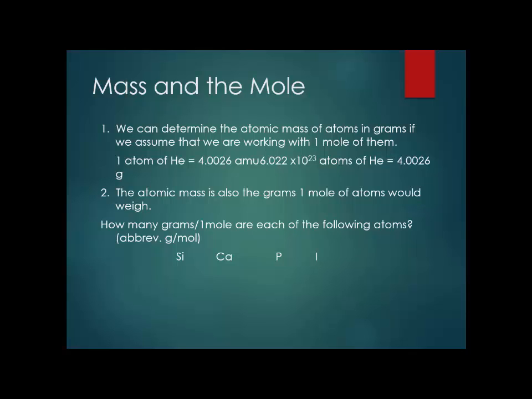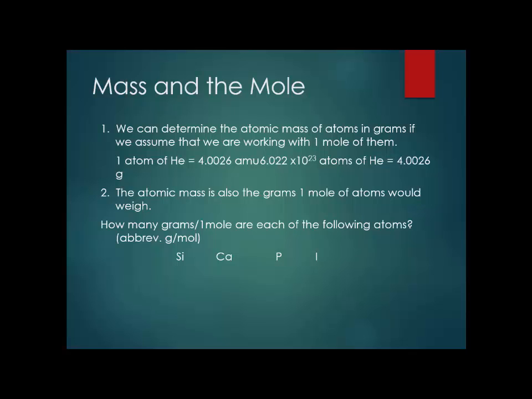So you see how that beautifully transitions into something we could use in a lab. The atomic mass is also the grams that 1 mole of the atoms would weigh. So we just take what we have on the periodic table for AMU, and it's also grams per 1 mole.